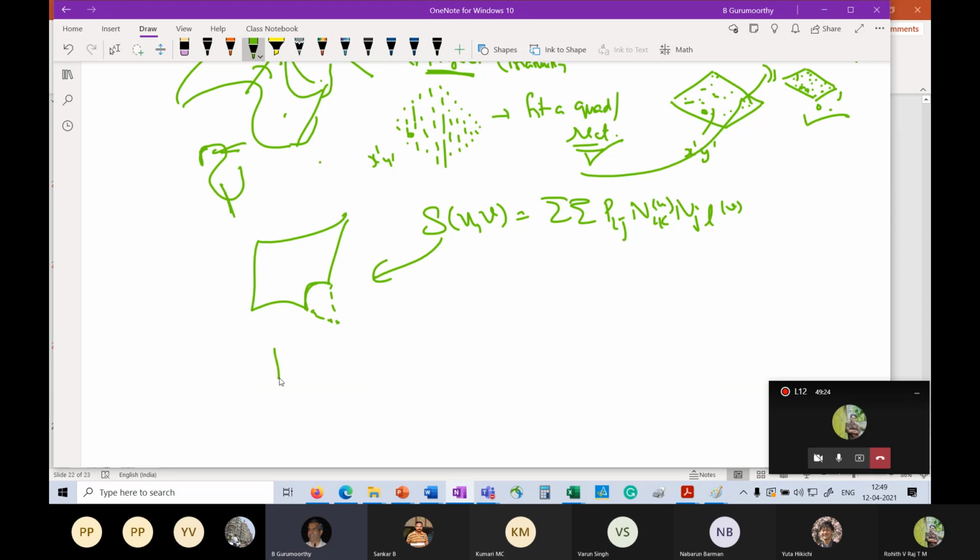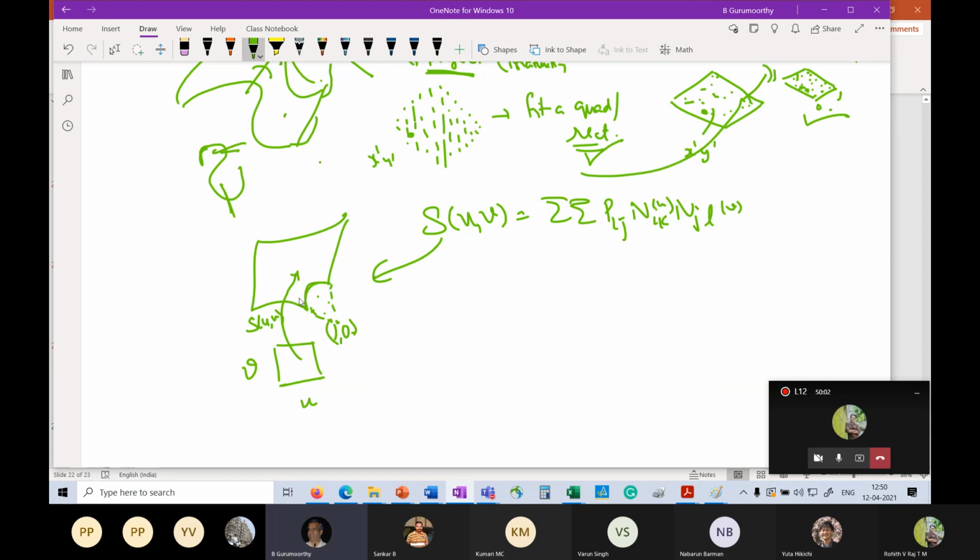We said that this is a map from a unit square, u and v, right? A point here will map to a point there. This is S of uv, the mapping. But I hope you see the problem: when u crosses some value here, when v crosses some value there, you get points represented by this equation, but they don't lie on my surface.